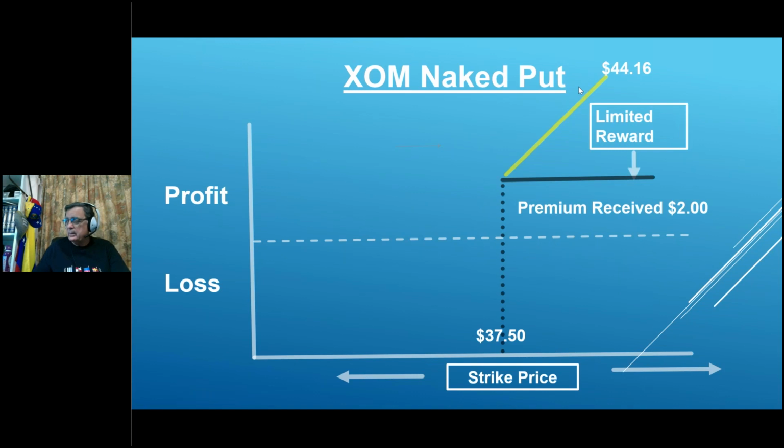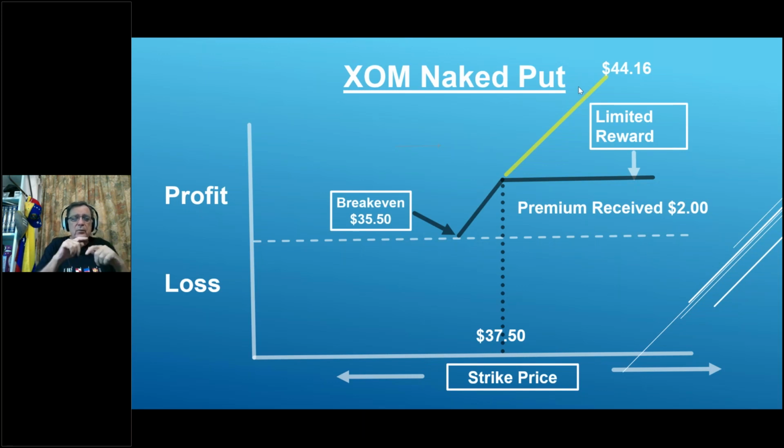And right there you see the strike price, $37.50. I'm willing to buy it at that price. And that's the premium, $2 a share that I'm going to get. So I have limited reward. I'm going to get $2. That's my reward.